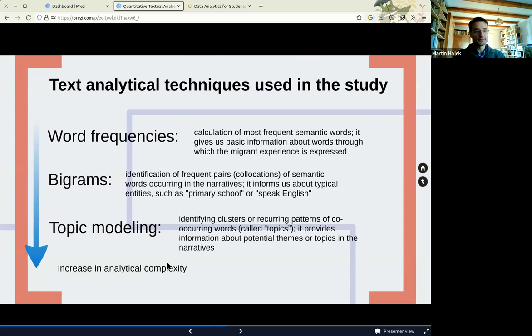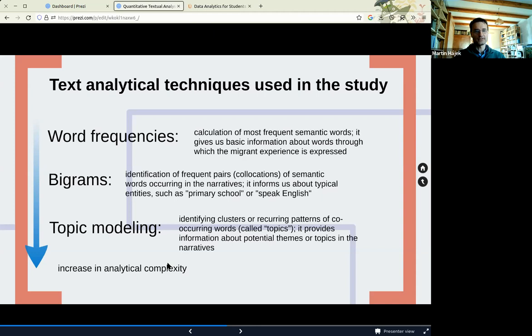And what I did, I used 3 analytical techniques. I ordered them by level of analytical complexity. I started with word frequency, the easiest technique.